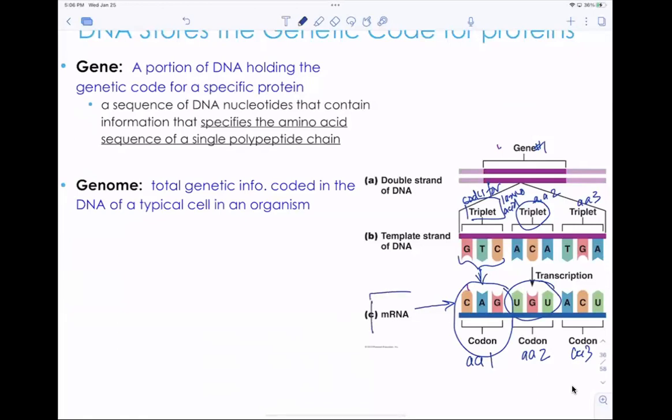And so a messenger RNA is a copy of the gene, a copy of the specific order of amino acids or primary protein structure.